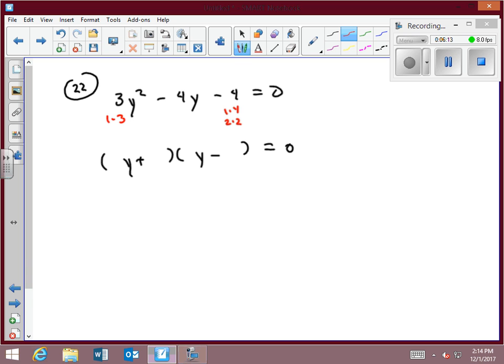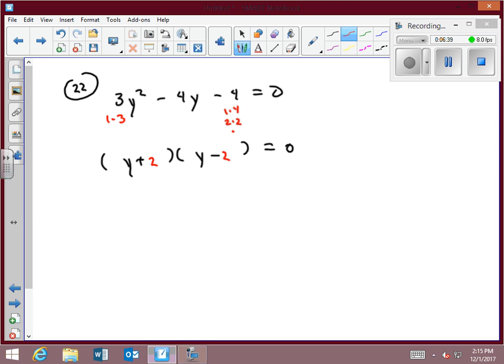The 1 and 3 and what? 2 and 2. Difference of 4. So it's the 2 times the 3 is 6, and the 1 times the 2 is 2, and the 6 and 2 is a difference of 4. Now, the 2 and 2 does not make any difference where you put them, right? They're both the same number.